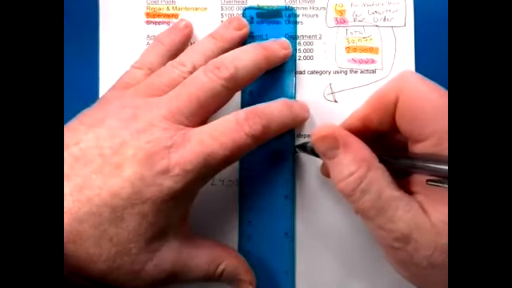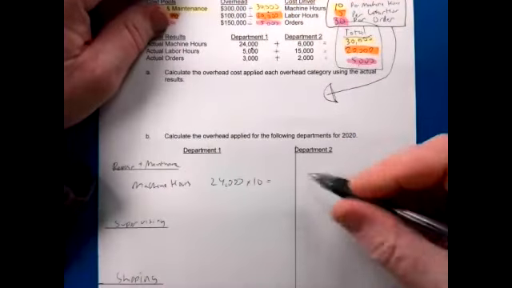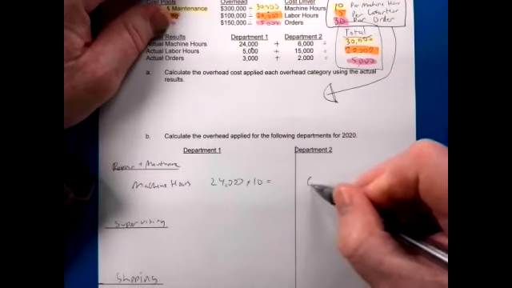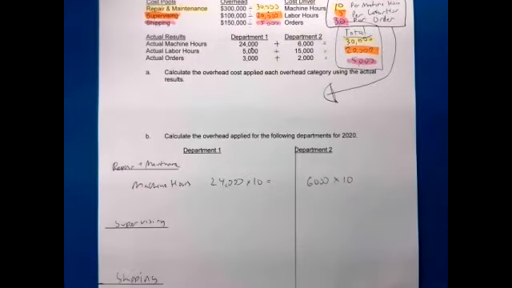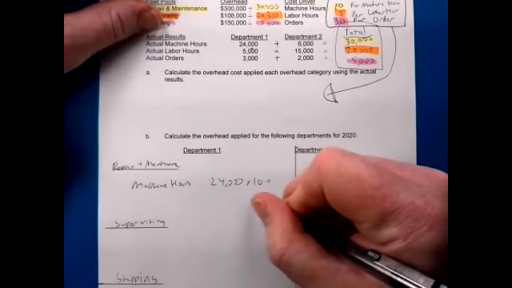I left myself enough room there, but. And for Department 2, it is 6,000 times $10. 240,000.